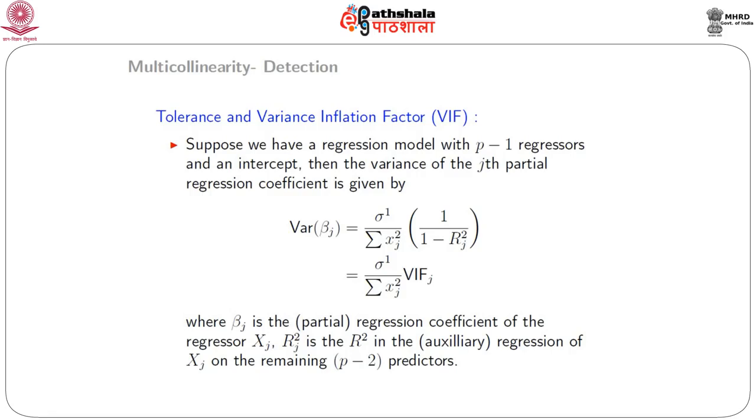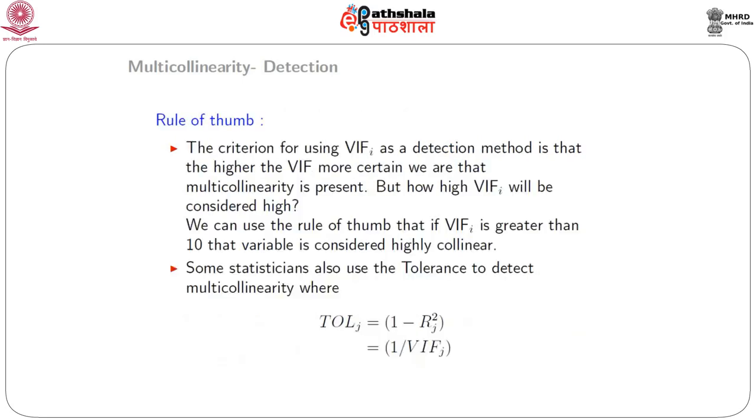So beta j here is the partial regression coefficient of the regressor xj. Rj square is the R square in the auxiliary regression of xj on the remaining p minus 2 predictors. And the rule of thumb for using variance inflation factor as a detection method is that the higher the variance inflation factor, the more certain we are that multicollinearity is present.